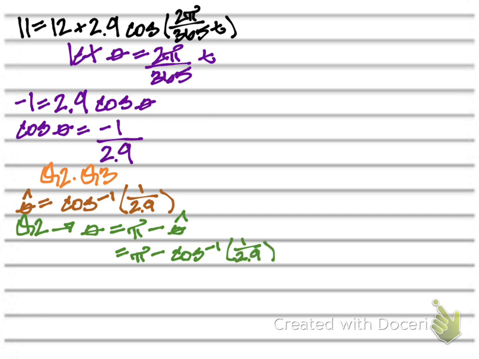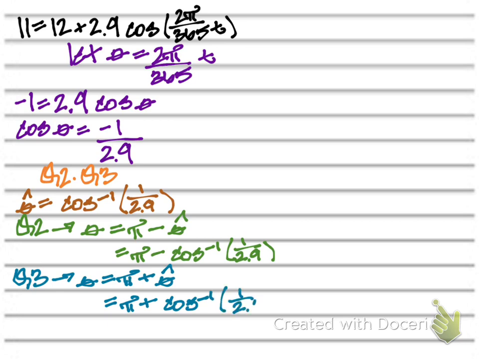And we know that in quadrant 3, theta is pi plus theta hat, which in this case is pi plus the inverse cosine of 1 over 2.9. I mentioned, or I didn't mention it, but it was on that other slide, that you could use the store and recall feature in the ALEKS calculator. So you can type in the inverse cosine of 1 over 2.9 and store it if you don't want to type it in every time.